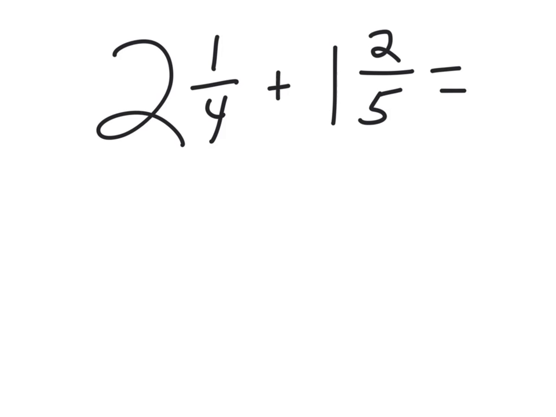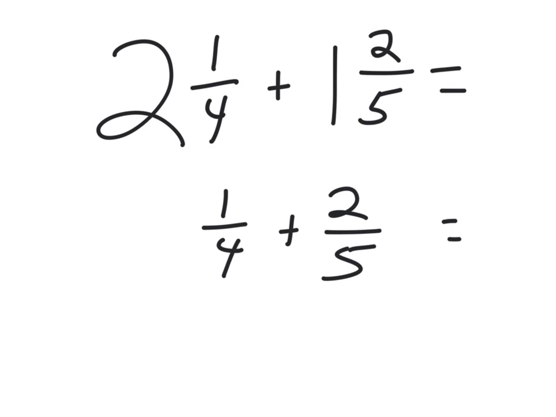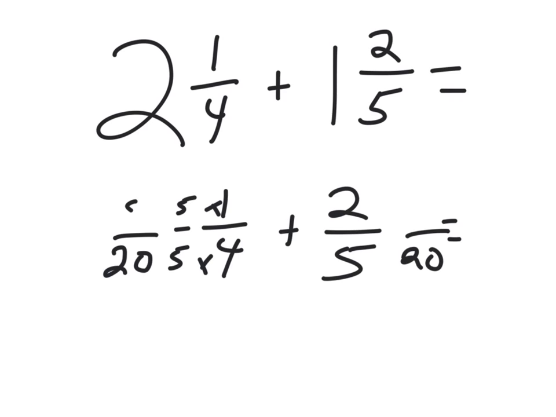All right, so again, we're going to separate. I'm going to separate the fraction parts, 1/4 plus 2/5, and separate the whole number parts. 4 times 5 is equal to 20. Easy common denominator again. So 4 times 5 is 20, and 1 times 5 is 5.